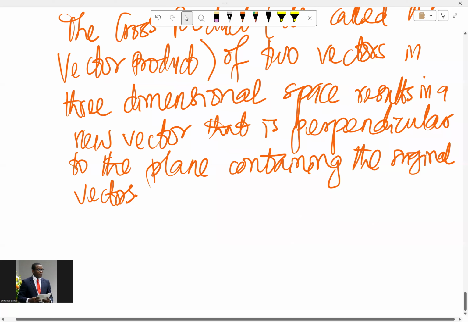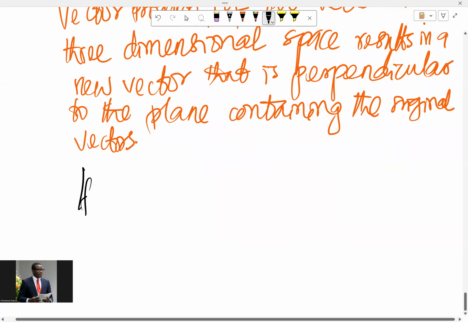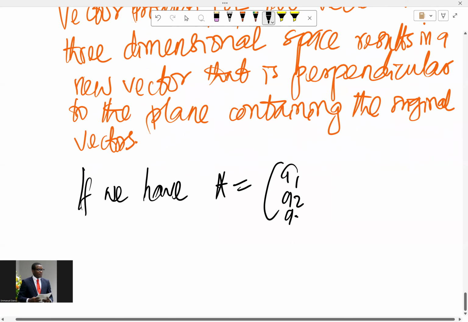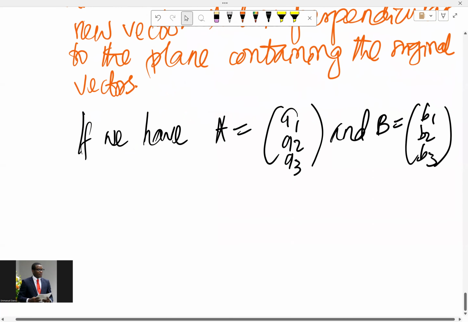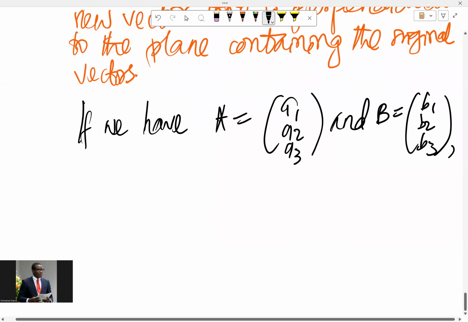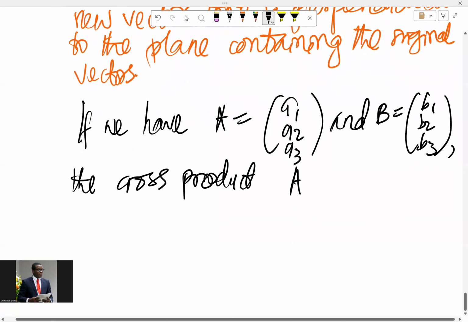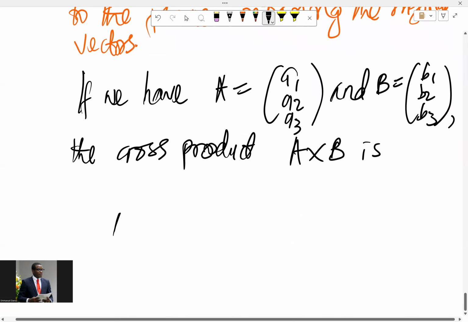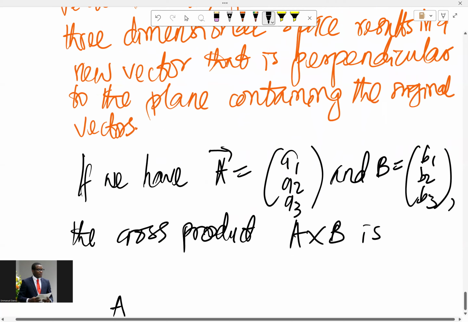So if we have vector A to be A1, A2, A3, and vector B is B1, B2, and B3, the cross product A cross B, the other one being A dot B, is given by this setup. Of course, I'm forgetting my arrows here.